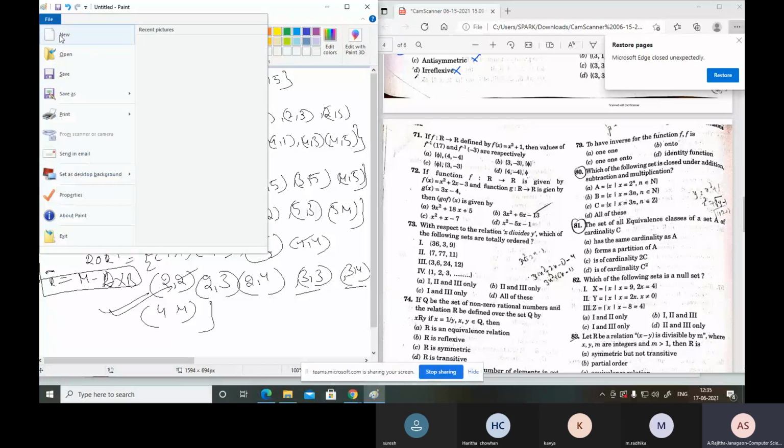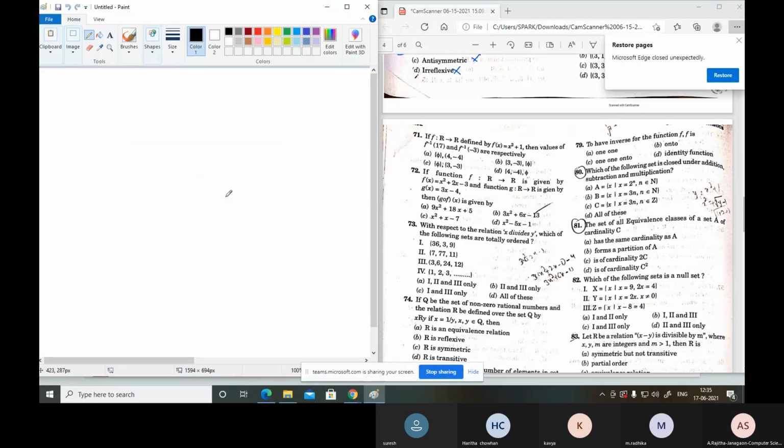So first, find the inverse function for this. Here f of x equal to x square plus 1 and y equal to x square plus 1. So y minus 1 equal to x square, x is equal to plus or minus square root of y minus 1.